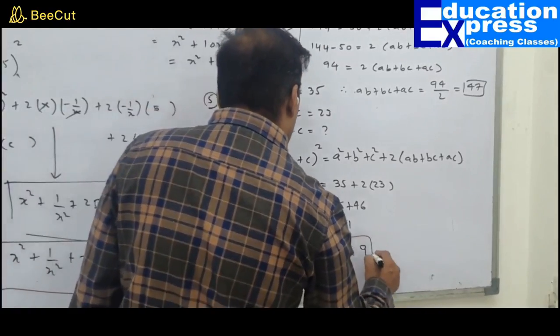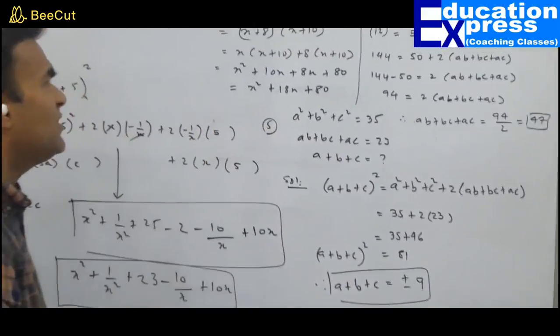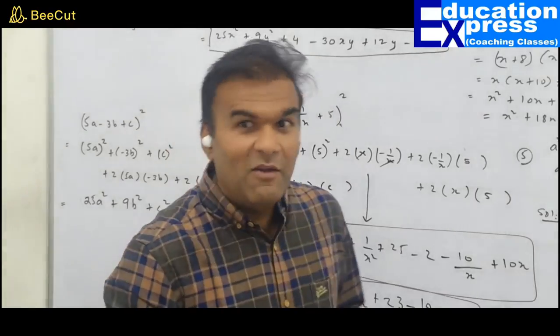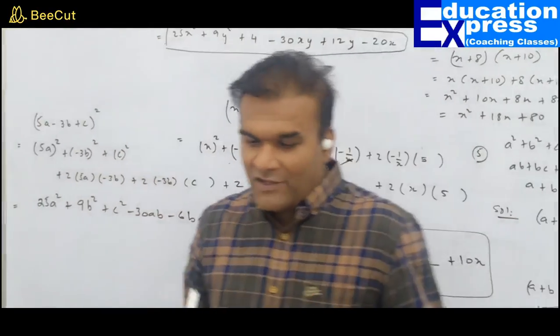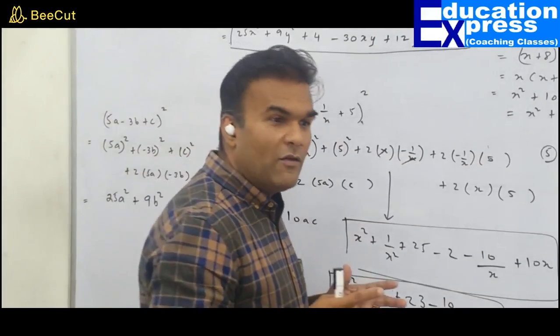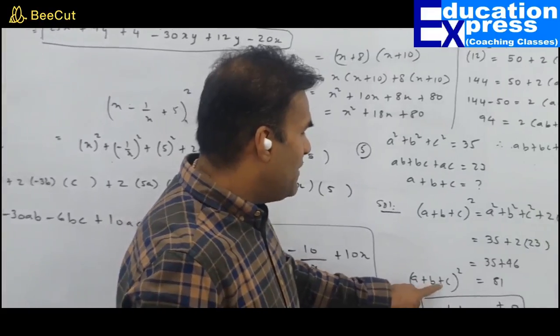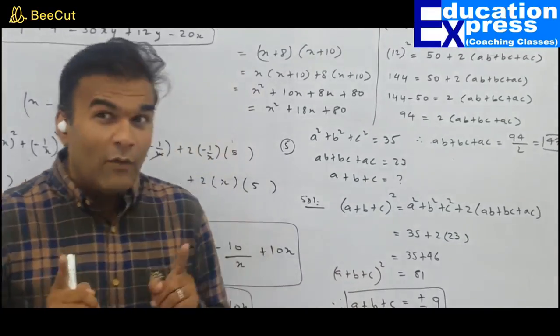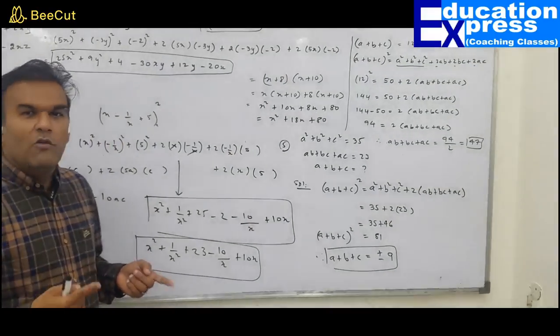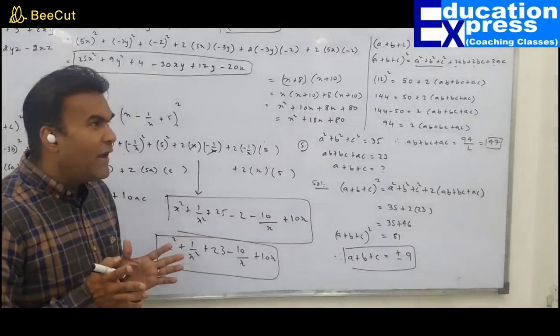My friends, remember, we discussed in our first lecture, if x square equals 9, then the value of x will be plus or minus 3. If x square equals 25, then the value of x will be plus or minus 5. Same way, if a plus b plus c, the whole square is 81, that means the value of a plus b plus c will be plus or minus 9.